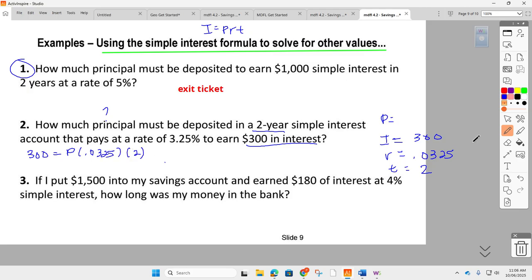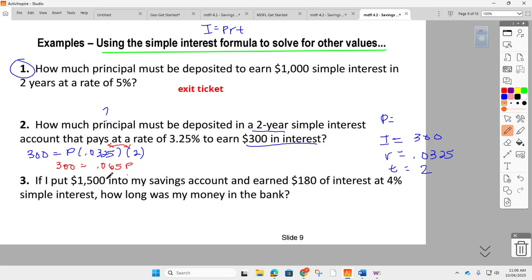So we are going to simplify this. That just means we're going to multiply these first. So we would have 300 equals 0.065P, and I'm just reversing that order because we're used to seeing that coefficient before our variable, right?